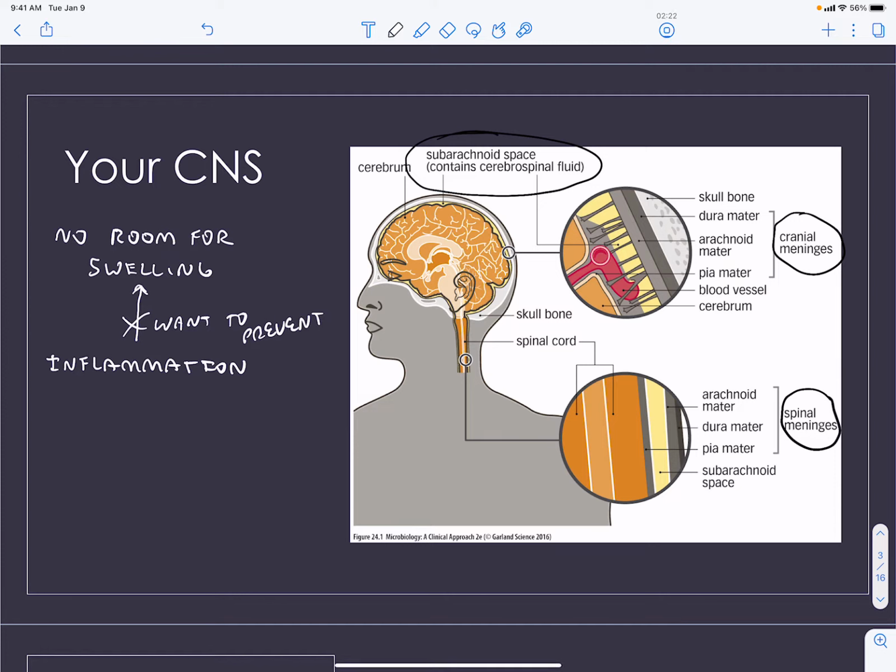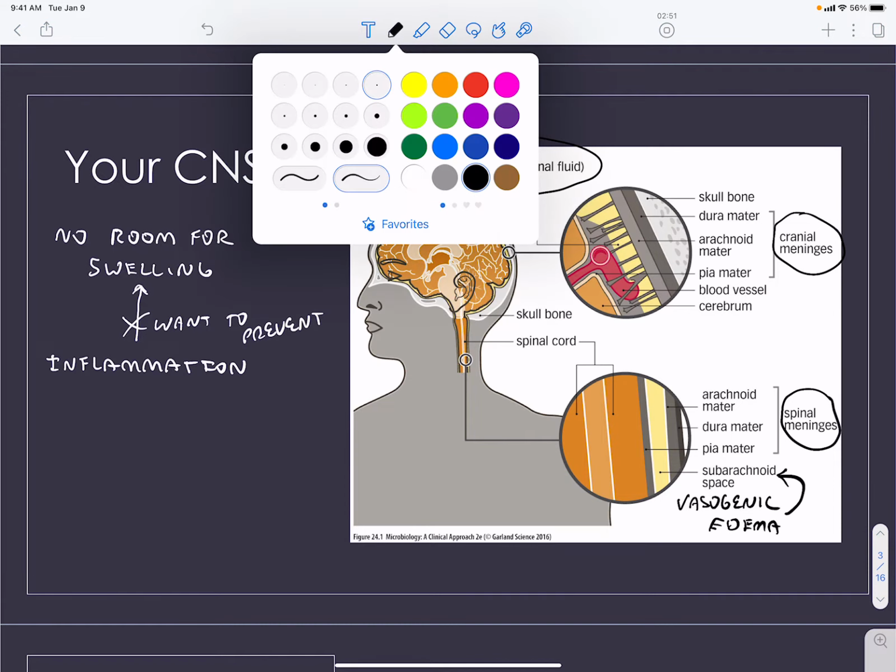Now you can have vasogenic edema, which is going to be caused by an inflammatory response in the subarachnoid space. And you can also have cytotoxic edema. This is going to be swelling from toxic substances produced by bacteria and neutrophil invasion.